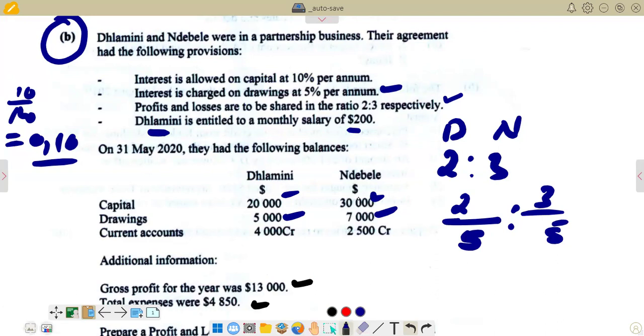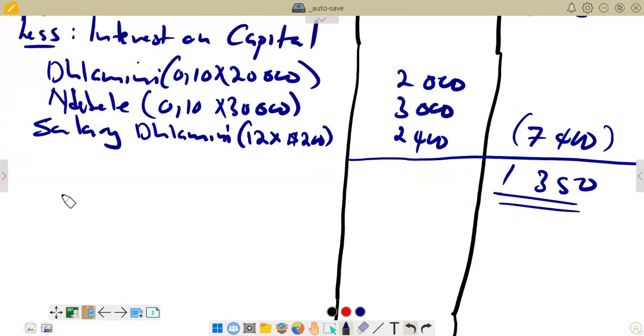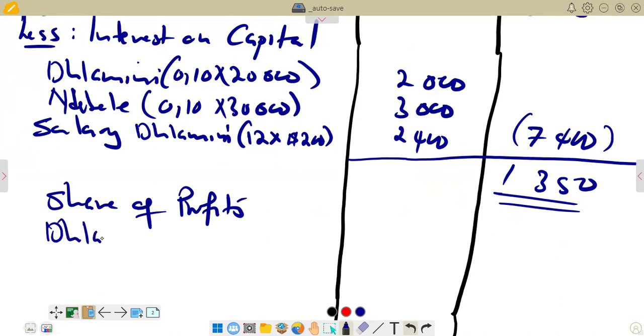So we just multiply by the profits that we are given there. So basically, now we come to our answer and say share of profits. Remember, if you get a loss there, we are also supposed to share as such. So we are saying the ratio that we converted to a fraction.